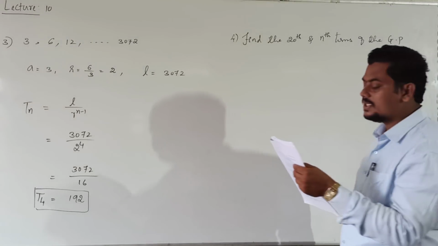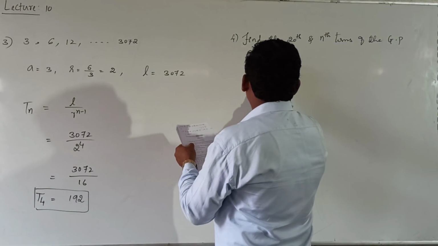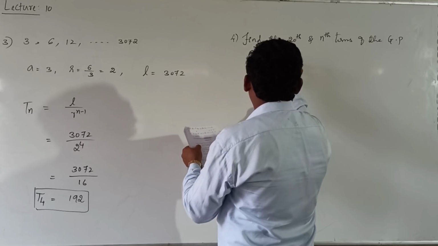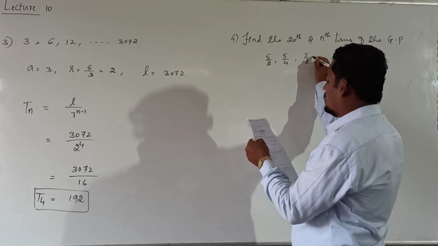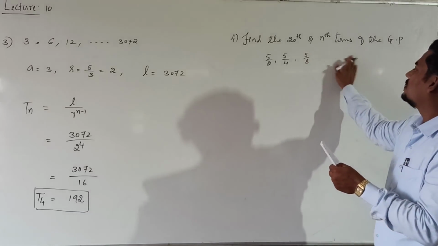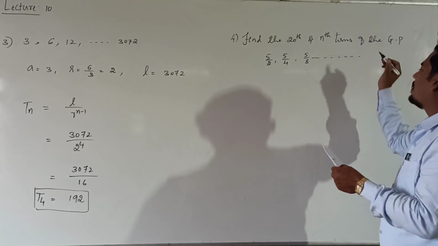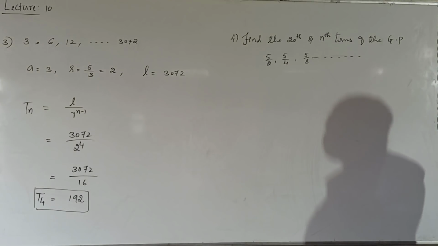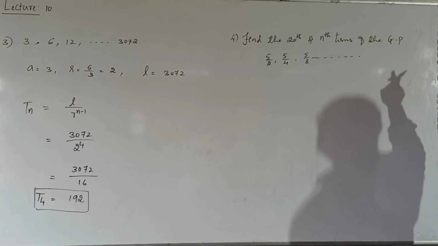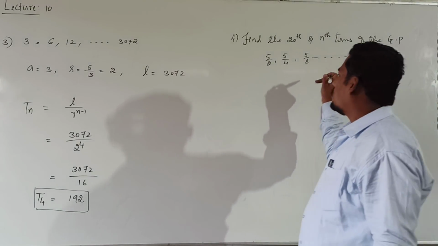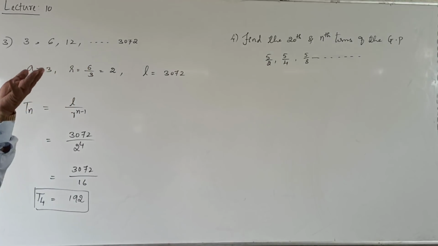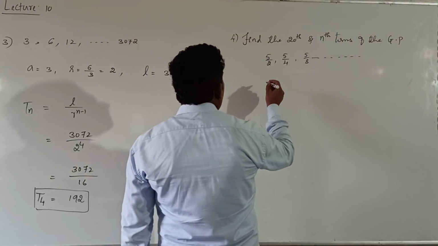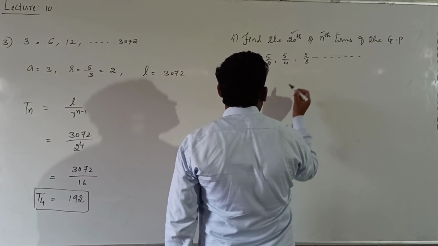GP means geometric progression: 5 by 2, 5 by 4, 5 by 8 and so on. Find the 20th and nth terms of the GP 5 by 2, 5 by 4, 5 by 8 and so on. In this case, we need to find Tn value and T20 value. We need to find 20th term and nth term.